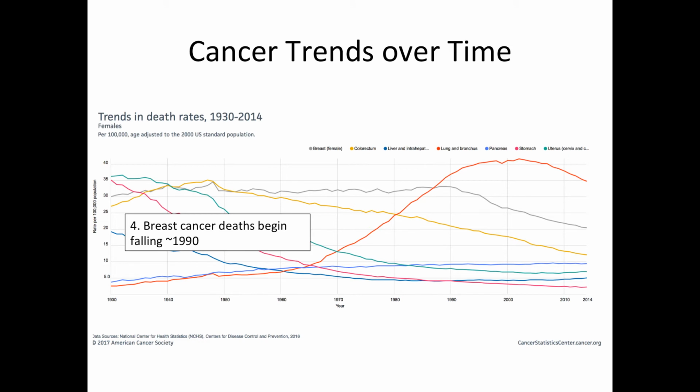We also see breast cancer death rates begin to go down in 1990. You might first want to say this is due to mammograms and screening. That's probably not the case. This probably has to do with not successful surgery, which was done even at the turn of the century, in the 1900s, 1910s, 1920s, if you think back to Halsted and his radical mastectomy.